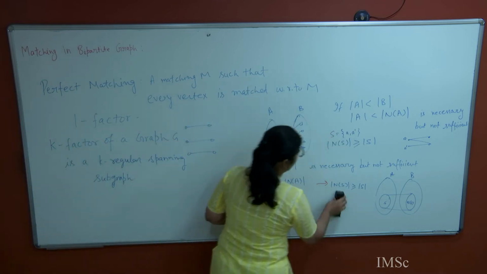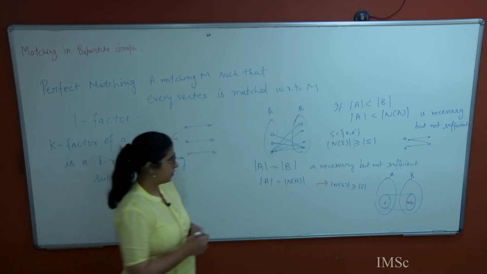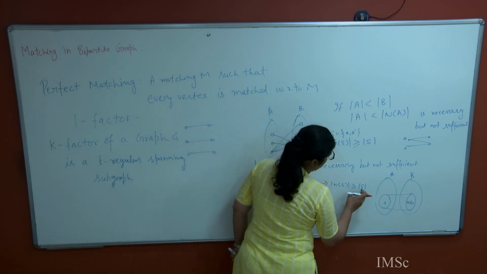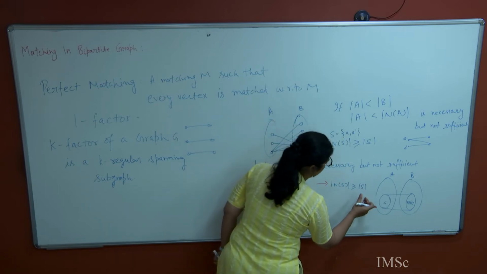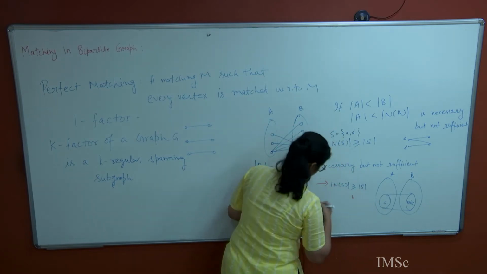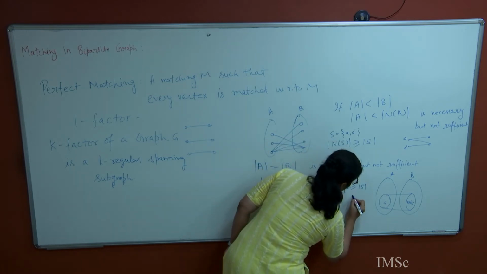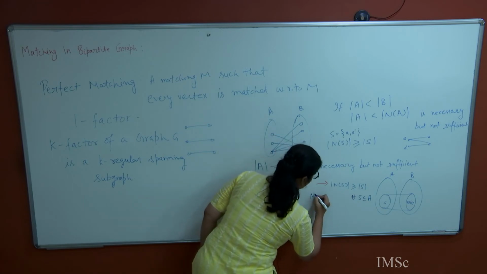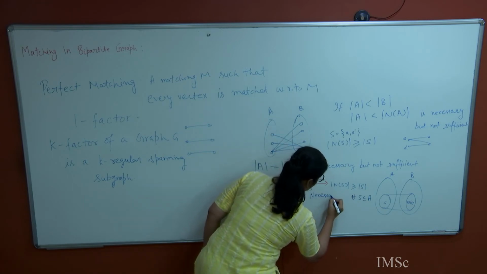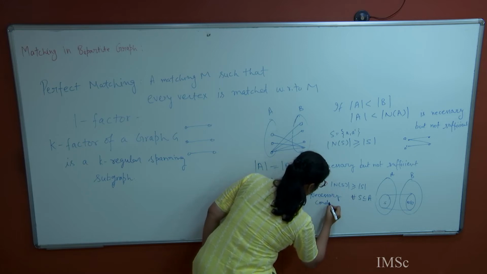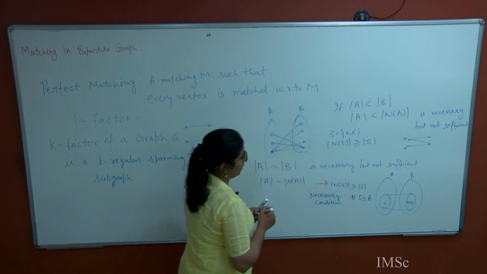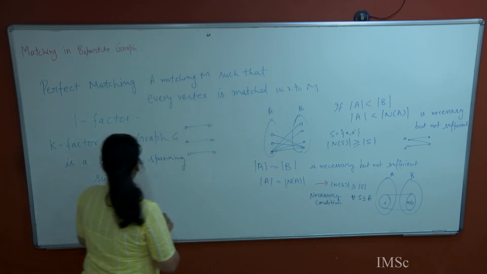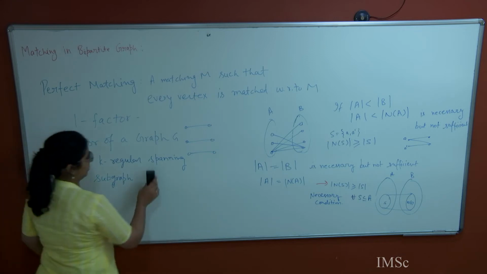Now we want to see whether this is sufficient also. So this condition says that the cardinality of neighborhood of S is at least the cardinality of S for every subset of A. This is a necessary condition, and in fact this condition is sufficient as well.